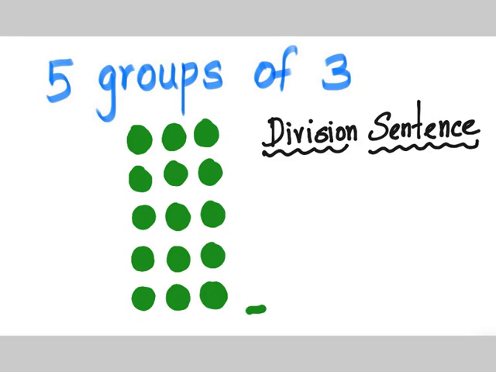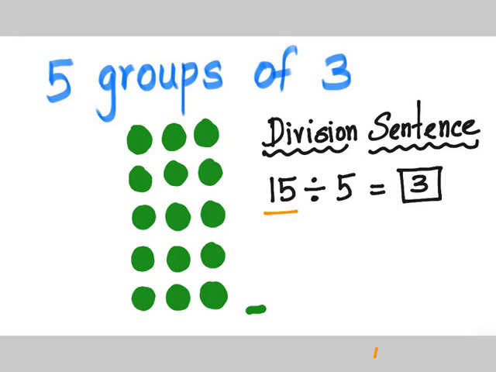The division sentence for 15 divided into 5 equal groups is 15 divided by 5 equals unknown. Okay, so 15 divided by 5 is 3.